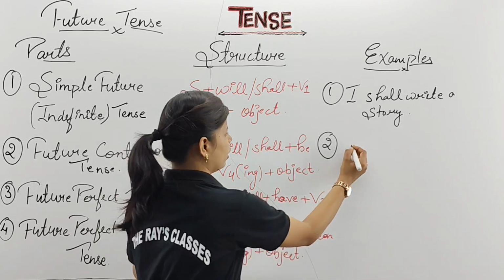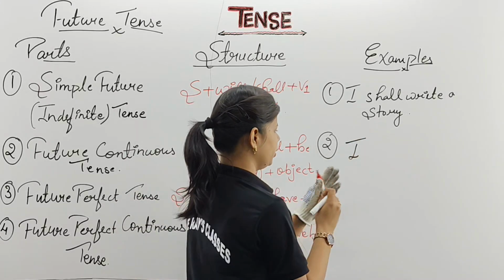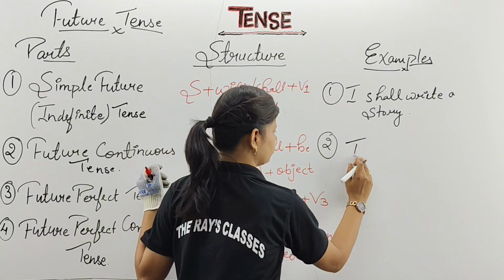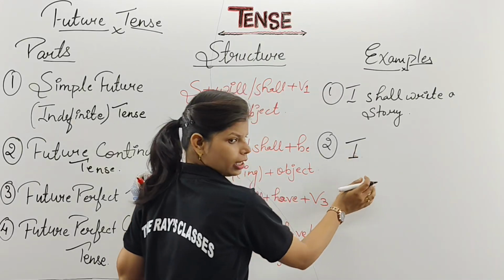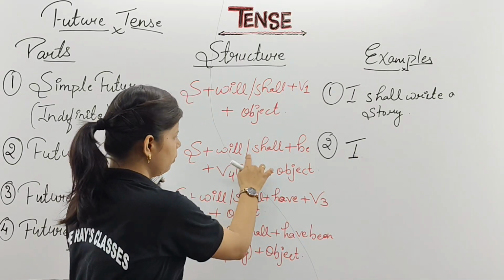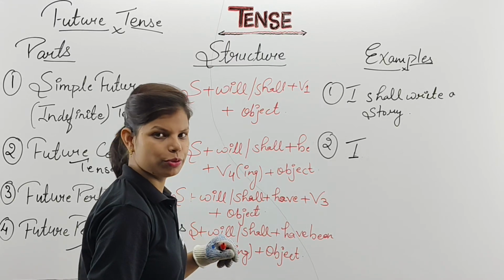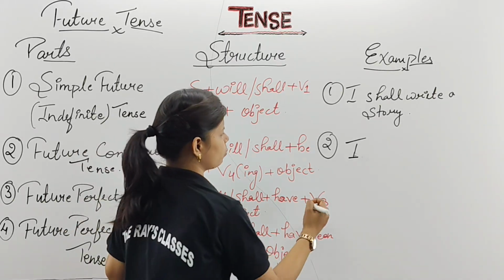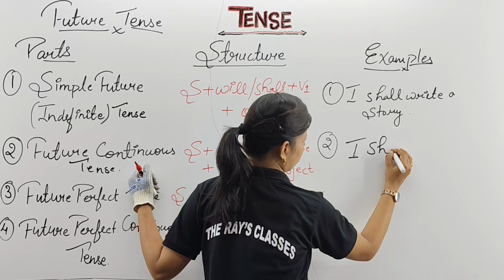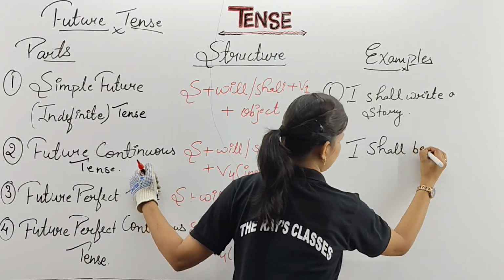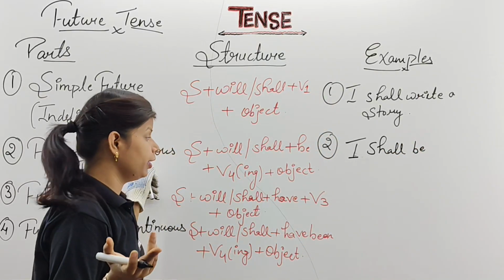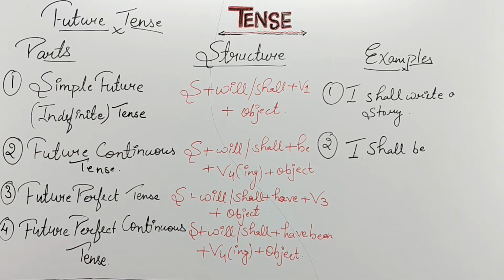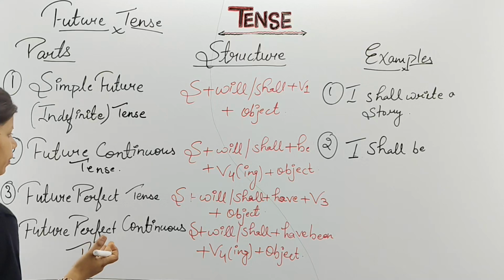Next, again you will continue with I here. Along with I, will or shall. You have to use will or shall. So, I shall be. I shall be what? I shall be writing a, please note it down. I shall be writing a what? Story.